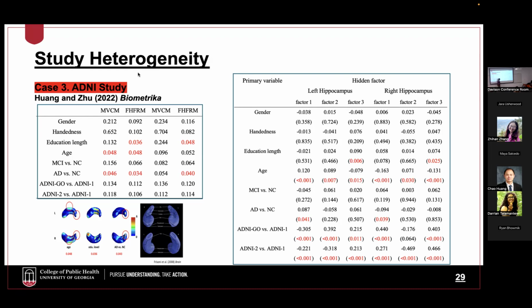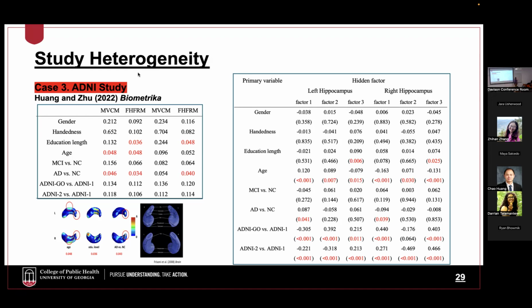Okay. And also, as we said, in our model we can detect or uncover all these potential hidden factors. This is what we found. We just did a simple association analysis between these hidden factors and all the observed factors in hand.